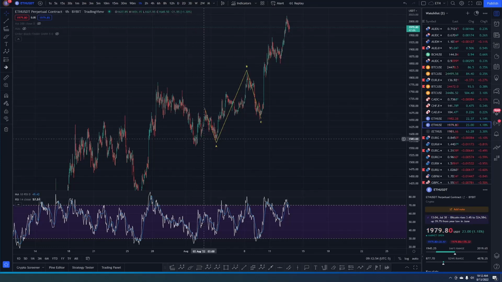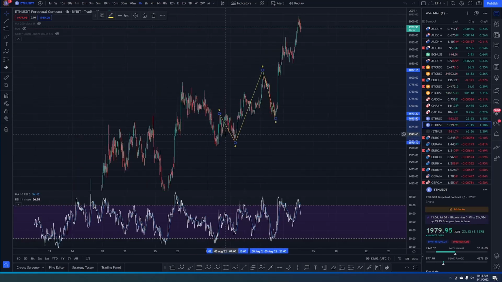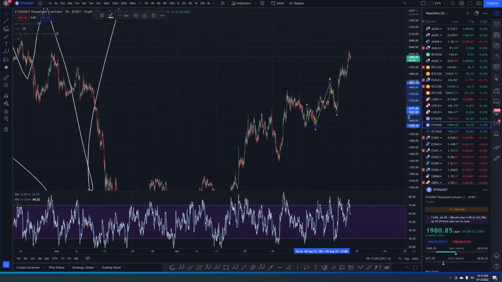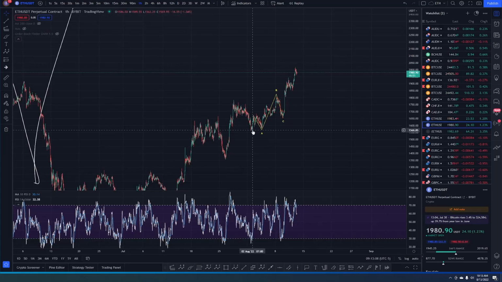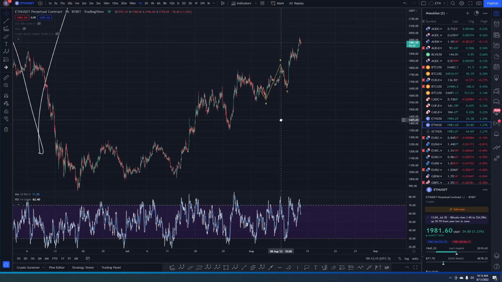Is this an impulse here? Then we got a 1, 2, but really, is that a 1, 2, or is that an AB? Is that a 2-wave? It just generally doesn't look like this. I mean, wave 2, especially where we are in the count, not that big. That big of a structure just isn't normal.